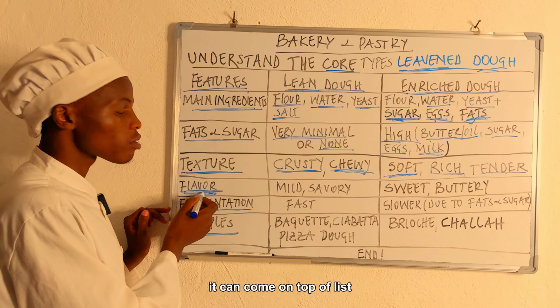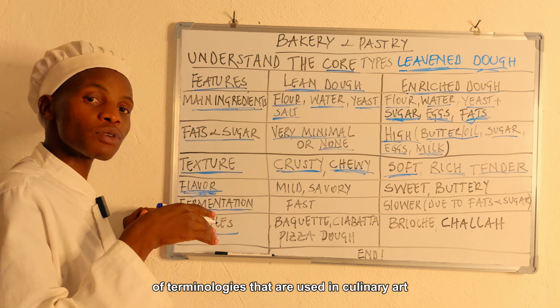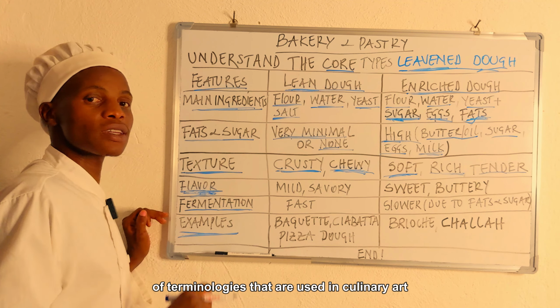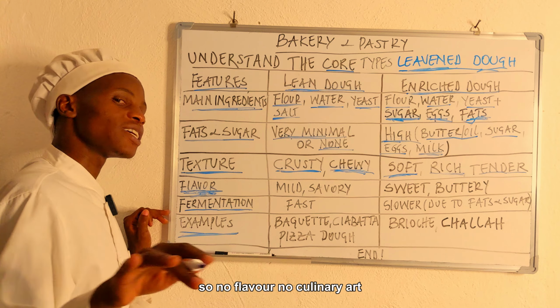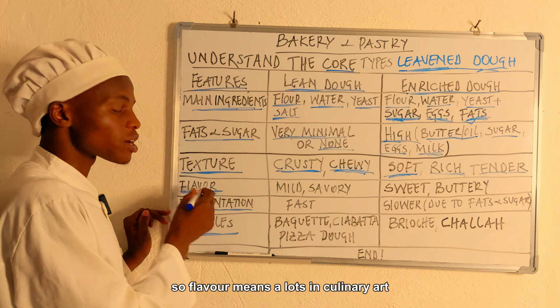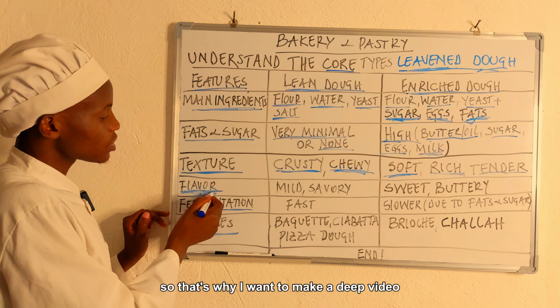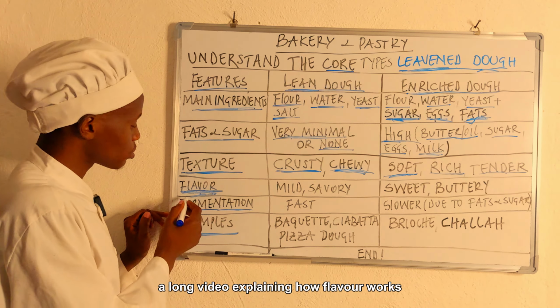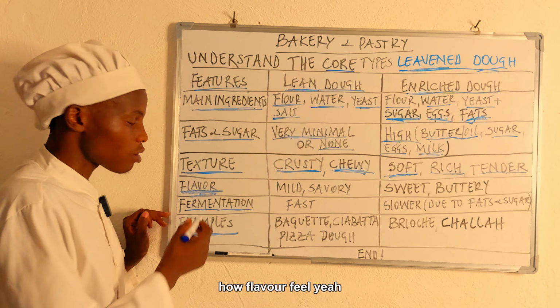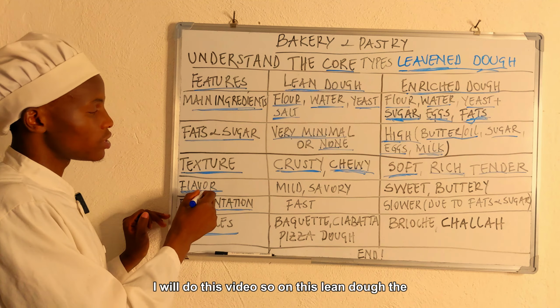It can come on top of the list of terminologies used in culinary art. So, no flavor, no culinary art. Flavor means a lot in culinary art. That's why I want to make a deep, long video explaining how flavor works, how flavor feels. Yeah, I will do this video.